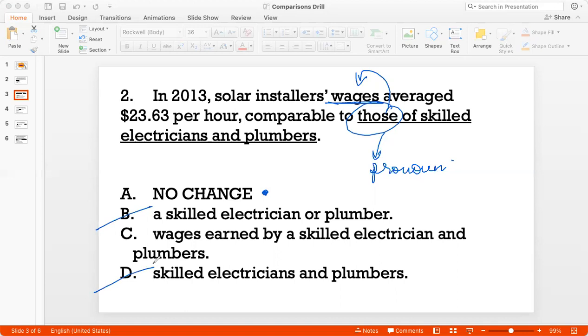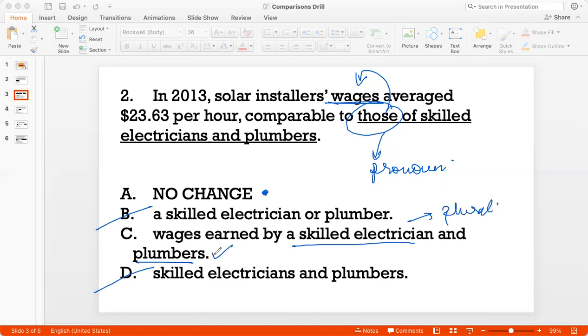Now, option C, comparable to wages earned by a skilled electrician and plumbers. So this has some sort of a mismatch, right? The first thing I notice is it's not parallel because if I'm saying wages earned by, then I should use the plural here and the plural here.